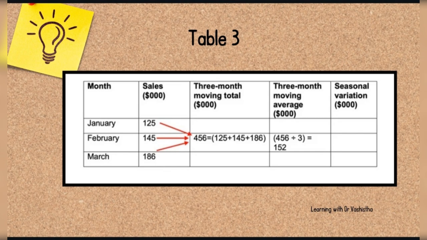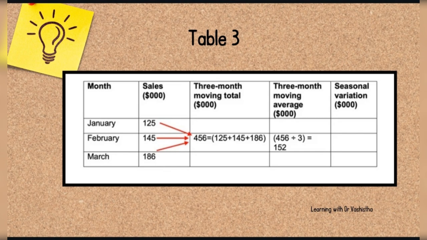moving average here. We'll add together the first 3 sets of data. For example, it would be January, February and March. This gives a total of 125 plus 145 plus 186, which is equal to 456. Now we'll put this total in the middle of the data we are adding. So in this case, across from February, we'll put this data, as you can see here.